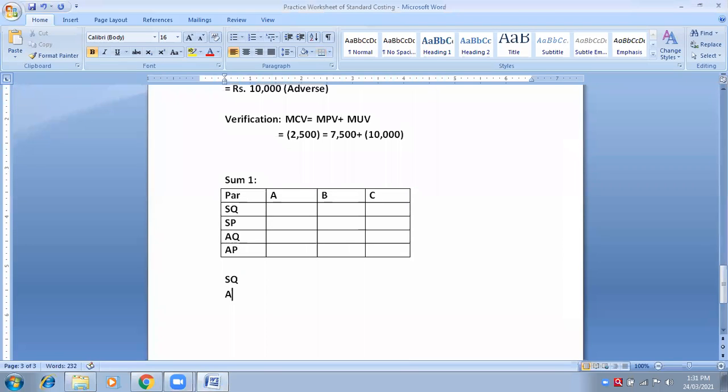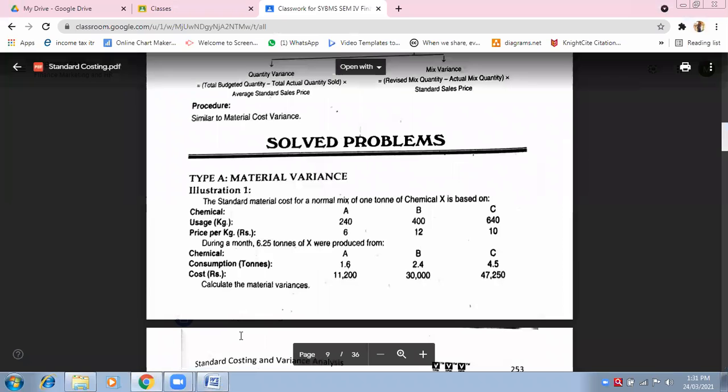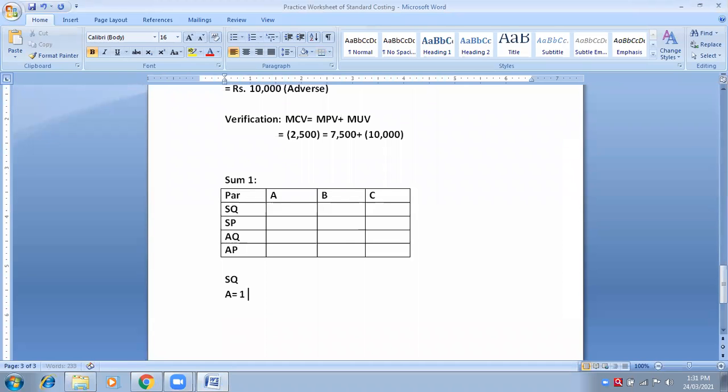Now he says that for producing 1 ton, we will require 240 kgs of A.